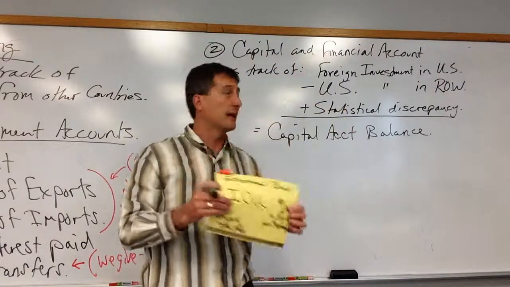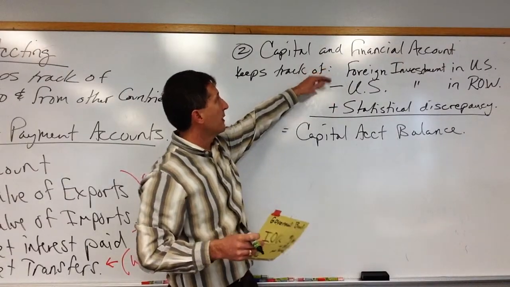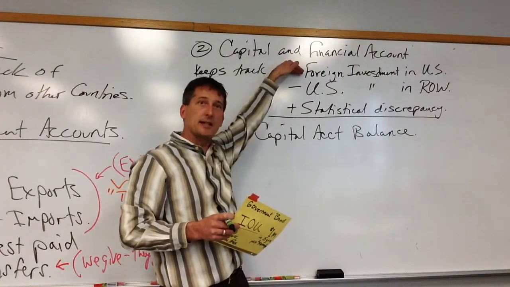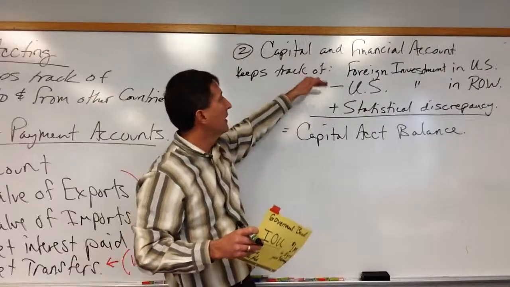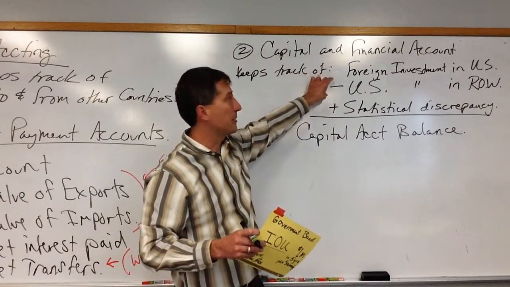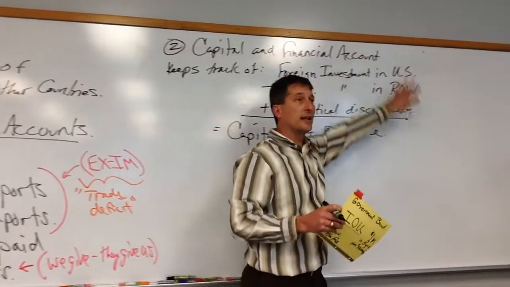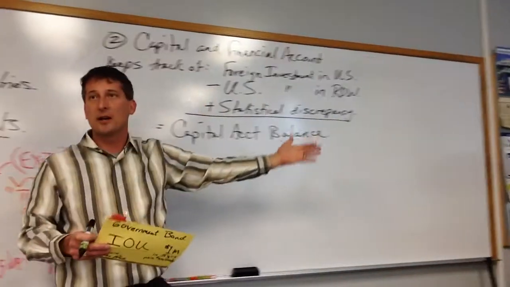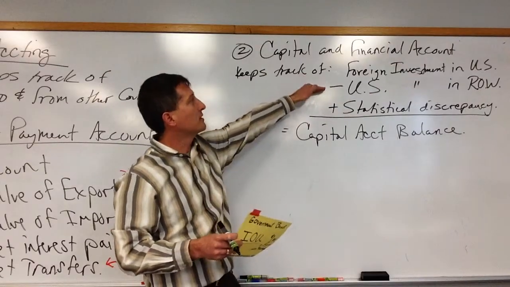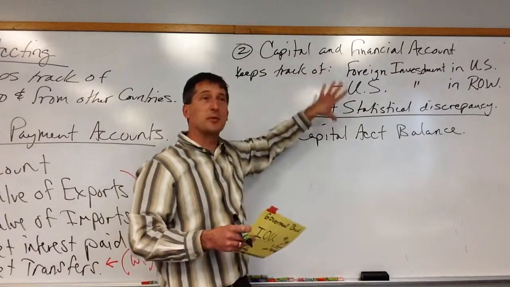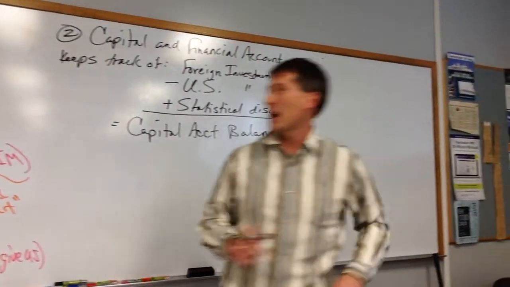That piece of paper that the government helps fund their deficits with, that is foreign investment in the United States. So they are essentially giving money to us, and then at the same time, the U.S. government or U.S. citizens in general can be investing in the rest of the world. We might buy German bonds or Ukrainian bonds, maybe, if we're crazy. So we take the difference between that, and that sets up the net inflow of capital.